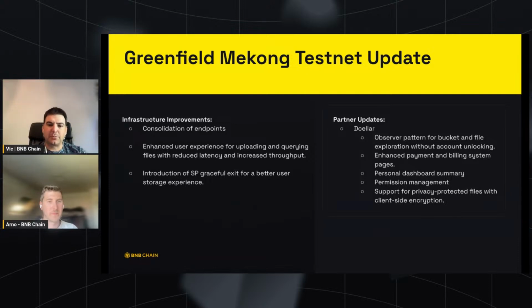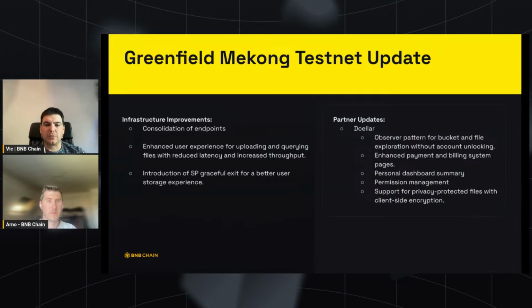A little bit from the partner update from the D server, which is one of the initial DApps that started to work on the Greenfield infrastructure and also on the UI. They've been helping in terms of filling the gaps and making workarounds if the API was not ready for that particular feature.